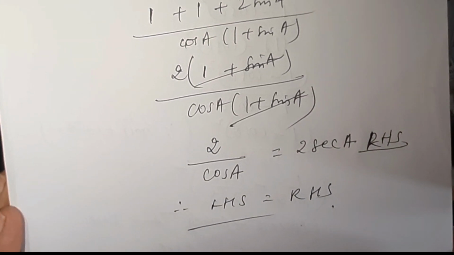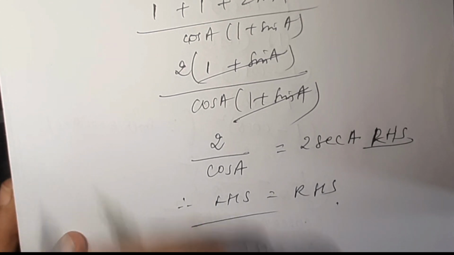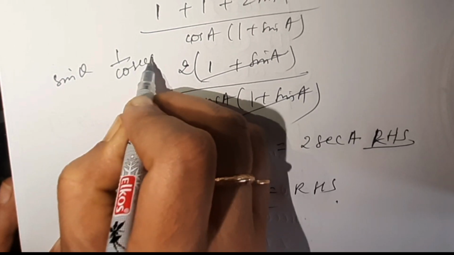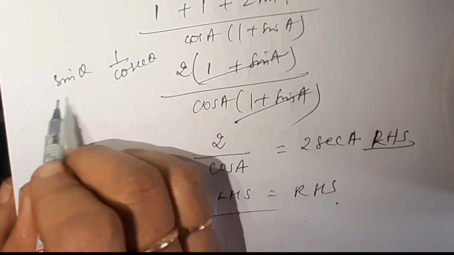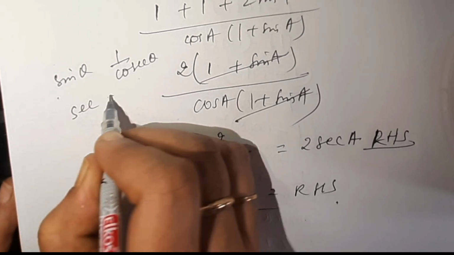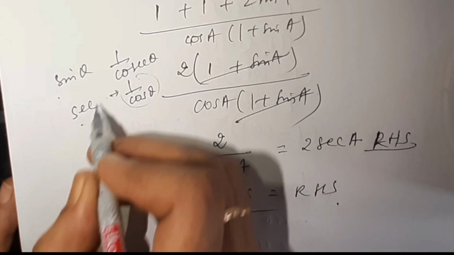So in this way, if you are clear with your identities, as I am telling again and again, you need to remember all the 3 identities properly. And the first exercise, what are the reciprocal formulas? If sine is there, we can write it as 1 upon cosec. Or if cosec is there, we can write 1 upon sine. In the same way, if sec is there, we can write 1 upon cos, or for 1 upon cos, we can make sec.